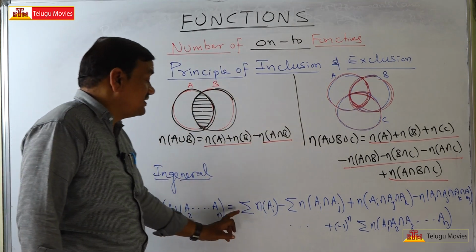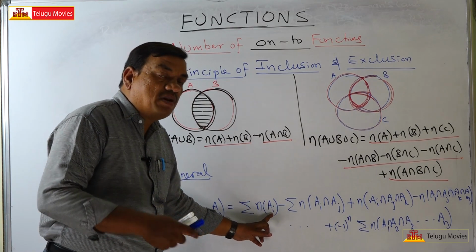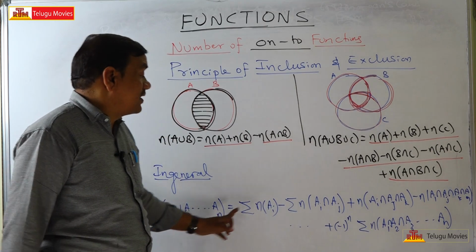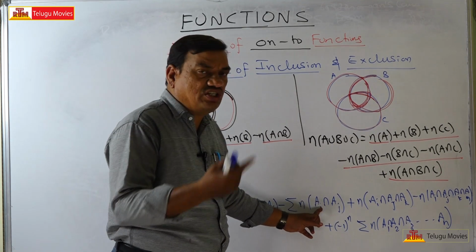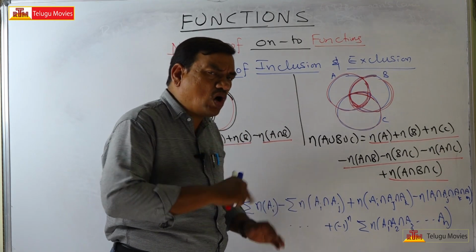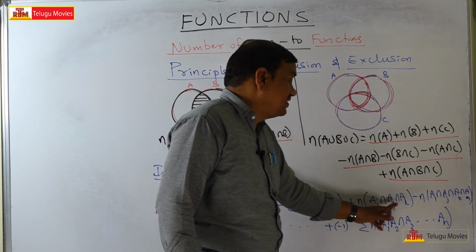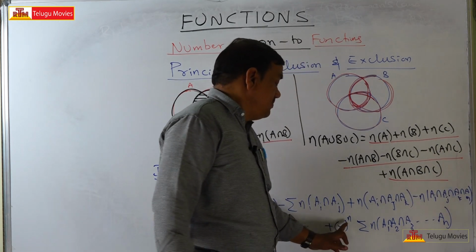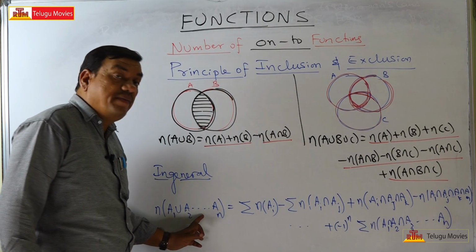Now the formula is sigma n of AI. That means n of A1 plus n of A2 plus n of A3 plus up to n of AN, minus 2 sets, A1 intersection A2, A2 intersection A3, again A1 intersection A3, all possible 2 sets you will get here, plus 3 sets, minus 4 sets, and so on, with minus 1 whole power, continuing up to the number of sets present.